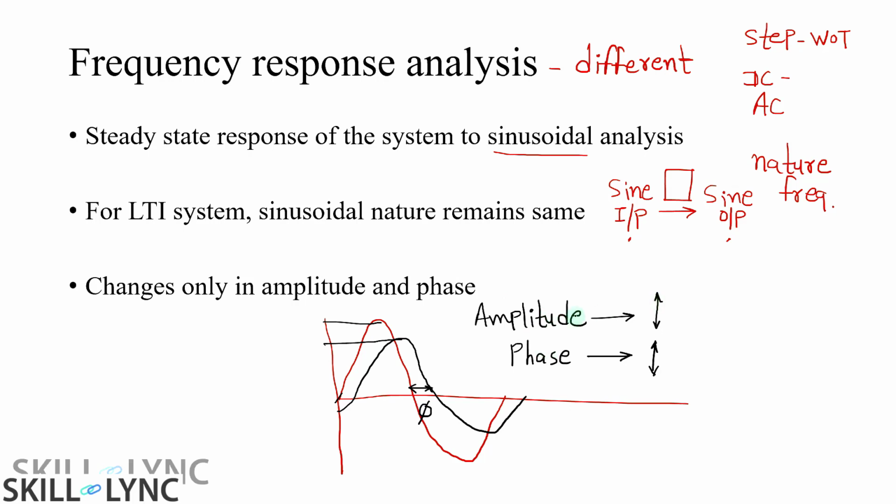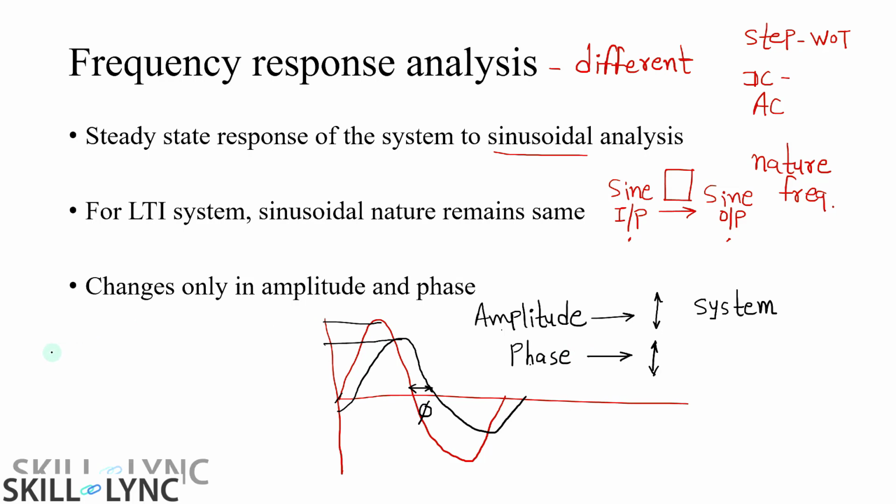Now if we understand what is happening to amplitude and phase, we can say what is the nature of the system, and we can predict the behavior of the system, right? So the frequency response analysis is, in simple words, applying different frequencies to the input and observing in the output, and then concluding the important remarks based on the changes in amplitude and phase, right?